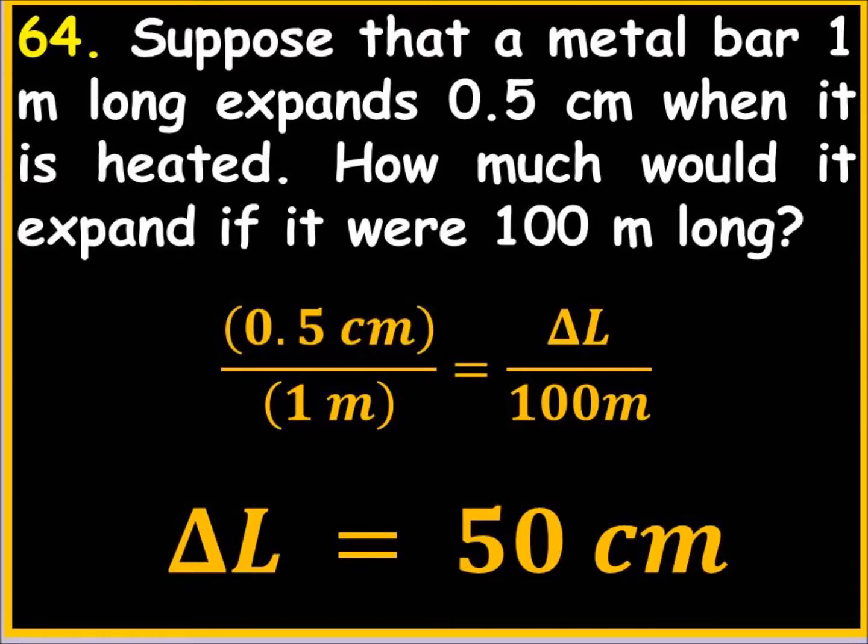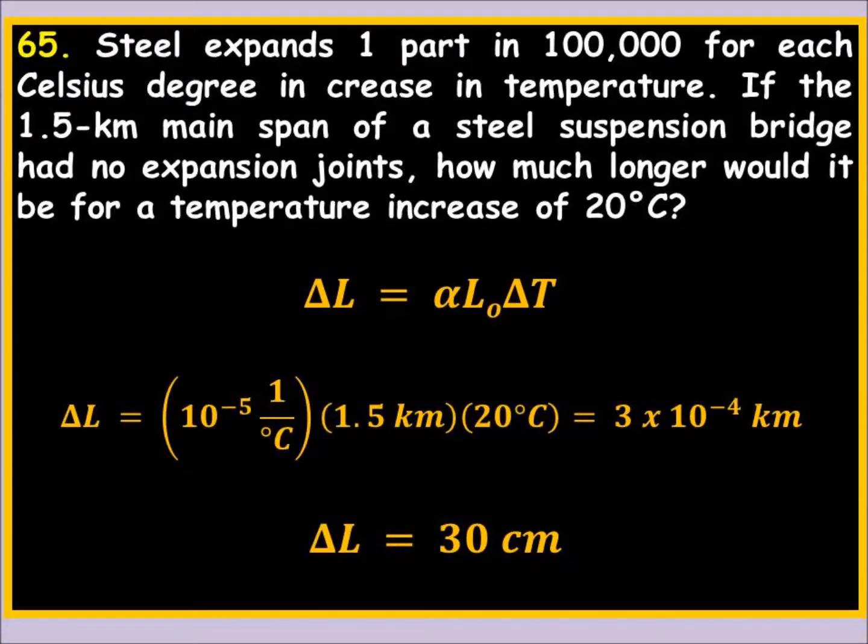Okay. Next, 65. Steel expands 1 part in 100,000 for each Celsius degree increase in temperature. If the 1.5 centimeter main span of a steel suspension bridge had no expansion joints, how much longer would it be for a temperature increase of 20 degrees? 30 centimeters, which is a lot.